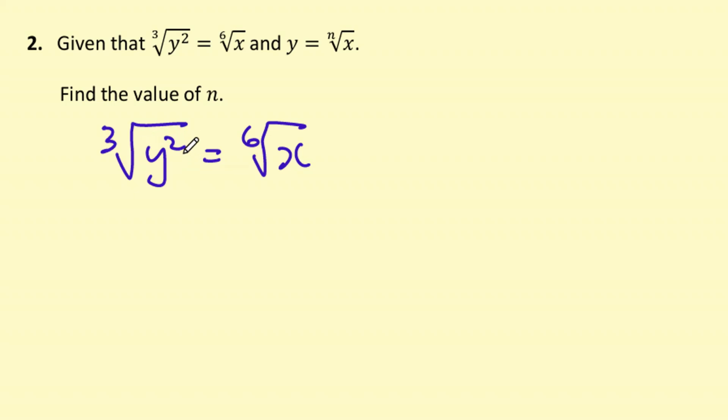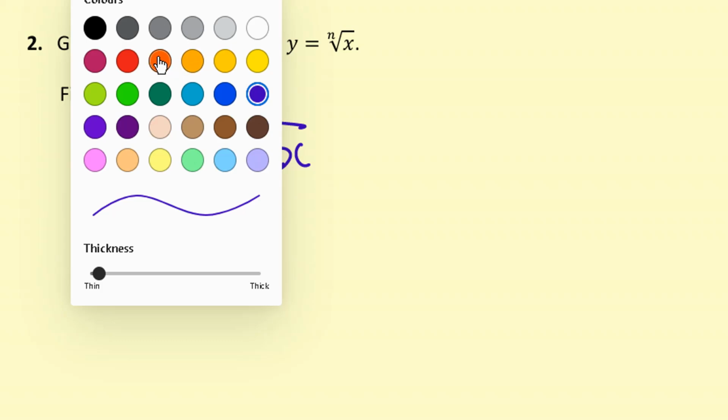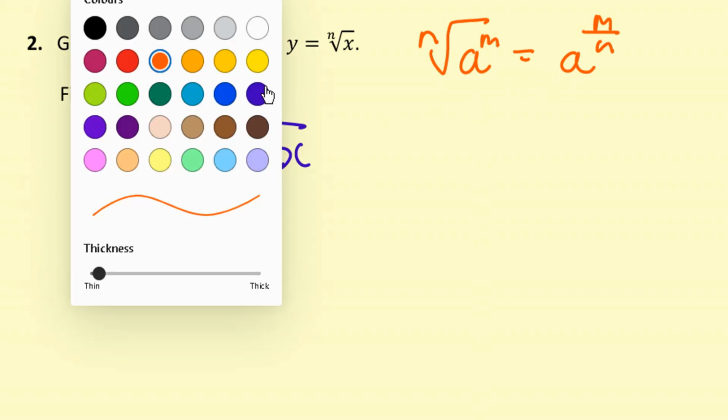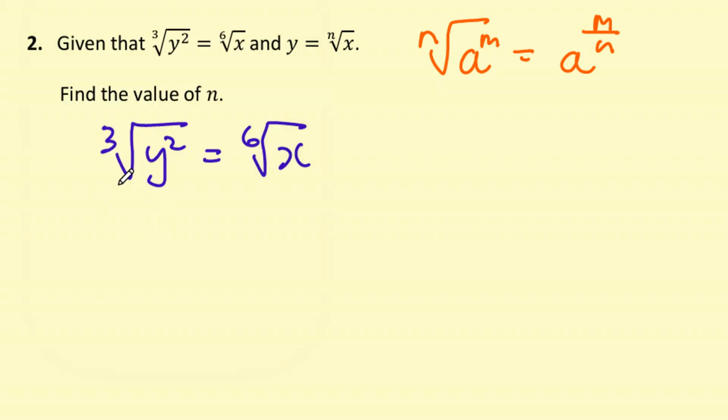We want to get rid of the surds here. On the left-hand side, we can use this law of surds: the nth root of a to the power of m is a to the power of m over n. We can apply this law to the left-hand side here. So the cube root of y squared will equal y to the power of 2 over 3, m over n.